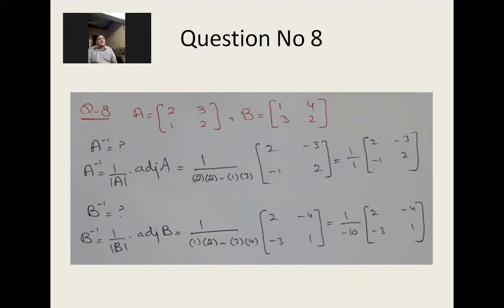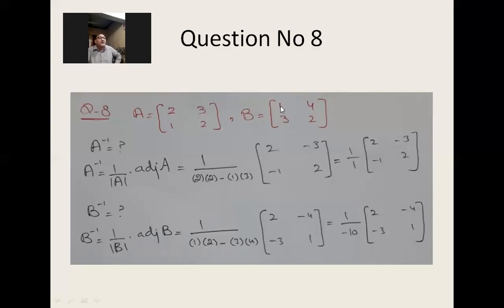Then the next part they ask is to find the B inverse, and that is very simple. Here is the matrix B. If you want to find the B inverse, the formula is 1 by determinant of B into adjoint of B. So 1 by, I will multiply these 2 members along this diagonal minus these 2 members along this diagonal: 1 into 2 minus 3 into 4.